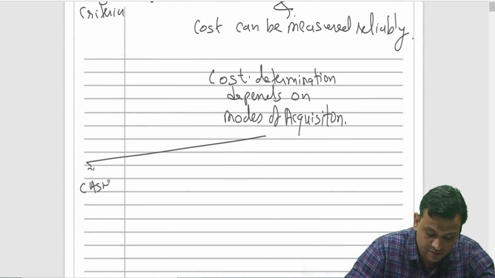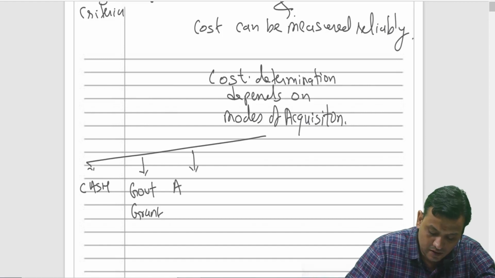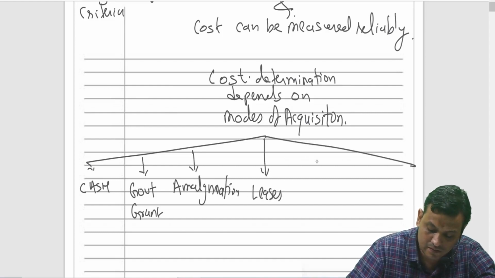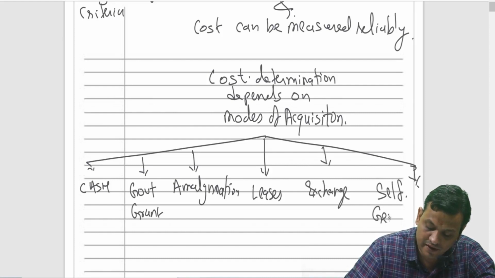Obviously, cash, government grant, amalgamation, leases, exchange, and self-generated, I can say.